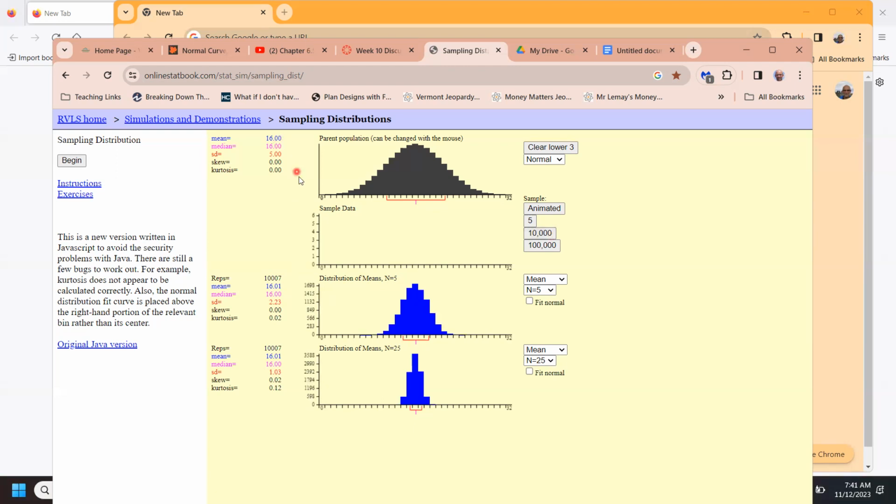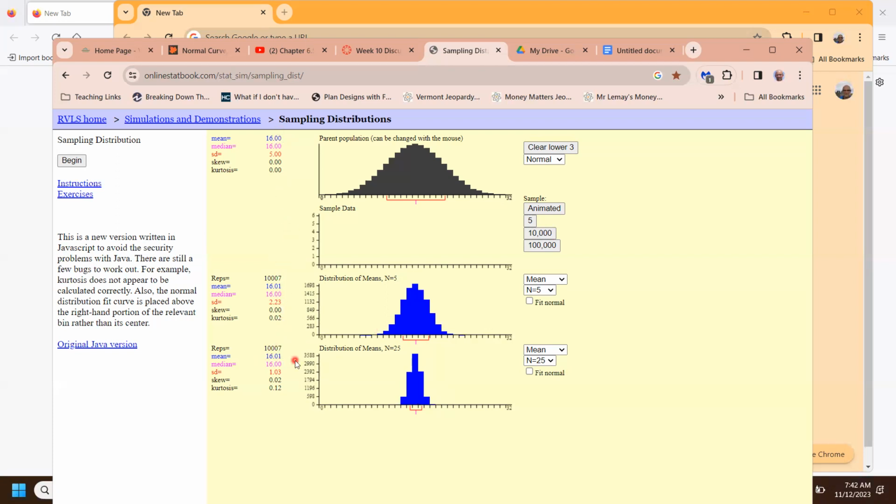Notice that's pretty darn close to the population mean, and I hope you see that this is a normal distribution. And then when we get samples of 25, there's a much tighter spread than the samples of 5, and that also has basically the same average.